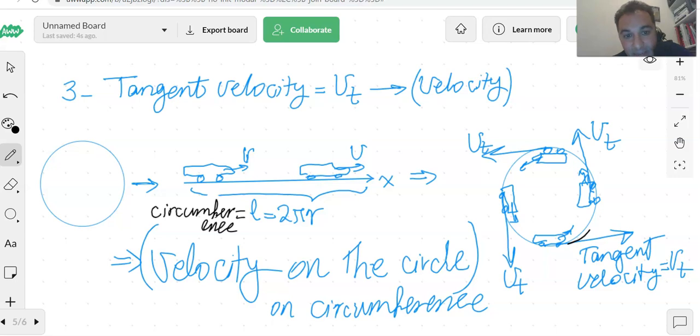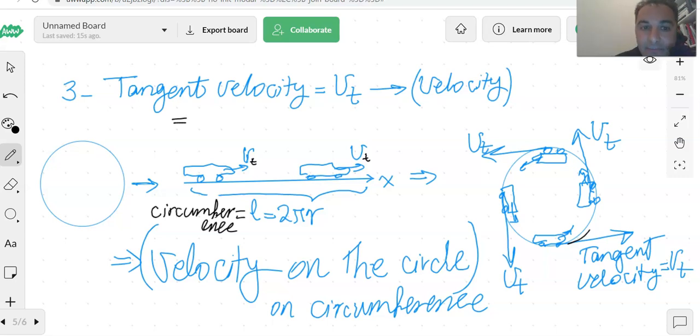And you see it's the same as this. So this is the same as Vt. But we didn't put this tangent in chapters 2, 3, 4. Why? Because it wasn't circular motion. It was linear motion. So tangent velocity is the same velocity as the object has on one line. It's called tangent velocity. Why?